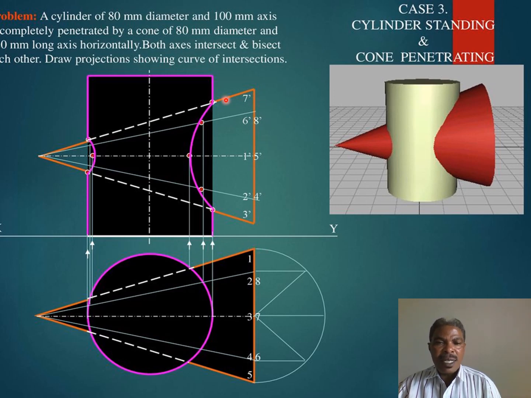So now you can easily get where they intersect. How? You project until they meet this base. From the base, you project a line searching for the apex of the cone, but before reaching the apex, it has to intersect the cylinder.